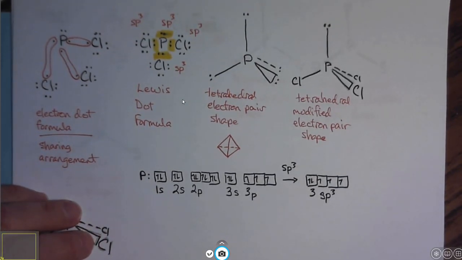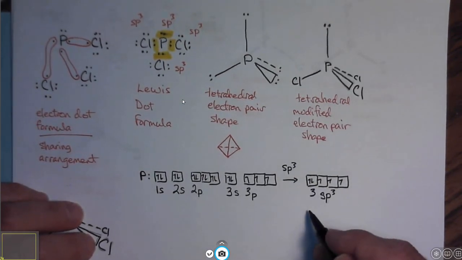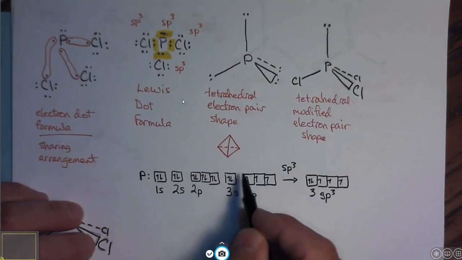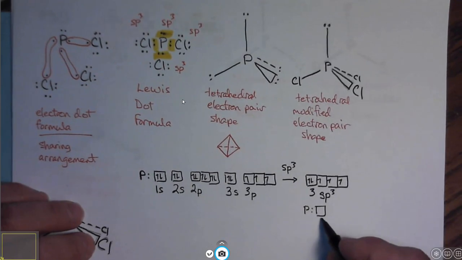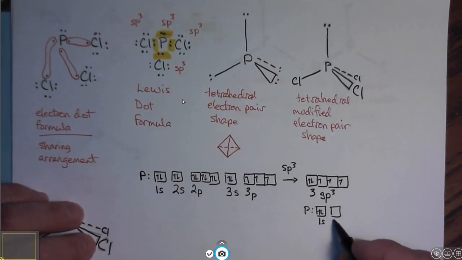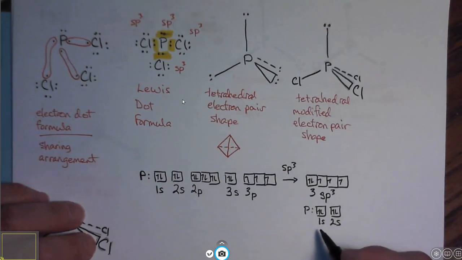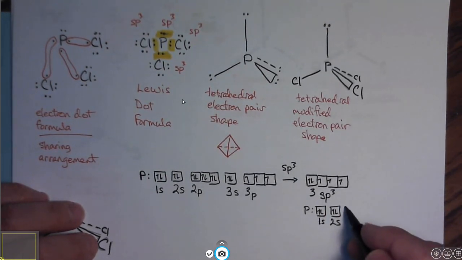It's going to be 3sp3. The 3 just means I'm in the 3rd primary level. I'm just hybridizing the valence level. The whole orbital notation for phosphorus would include the lower levels, because the lower level doesn't change. So if I ask you to show me an sp3 hybrid set of orbitals, or the hybridization for the orbital notation of phosphorus, you'd have to show me all this.